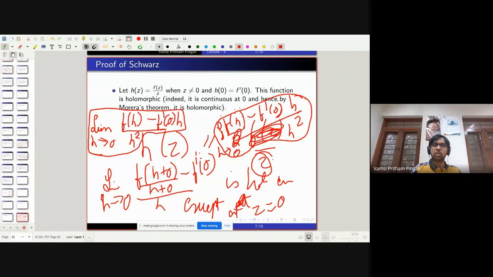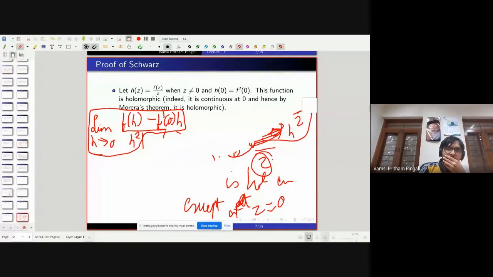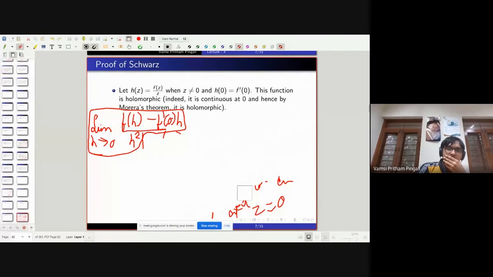So that doesn't mean the limit exists. h by h squared is also of the 0 by 0 form. The same as f prime of 0, right? Not quite. Because I already have f. Notice I'm dividing by h squared.